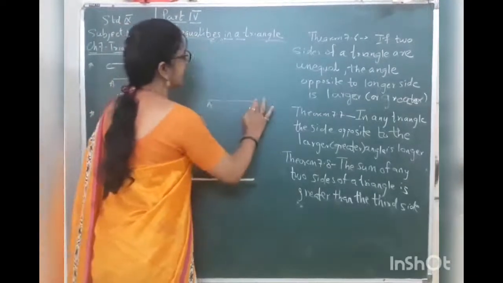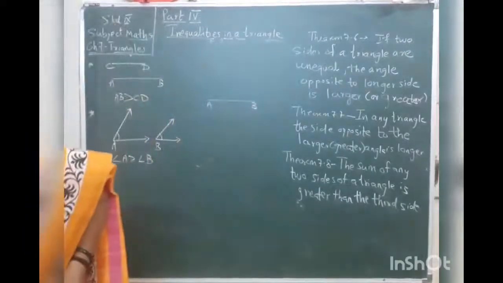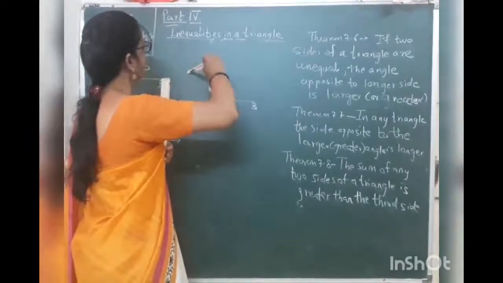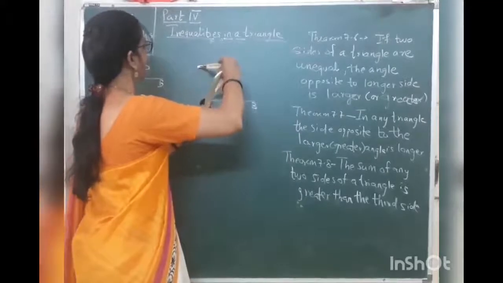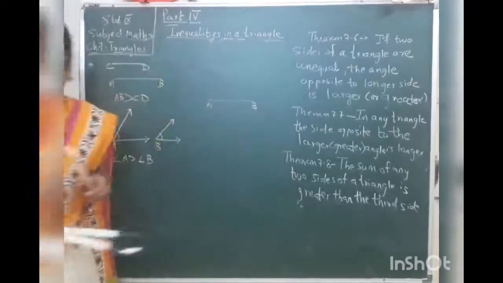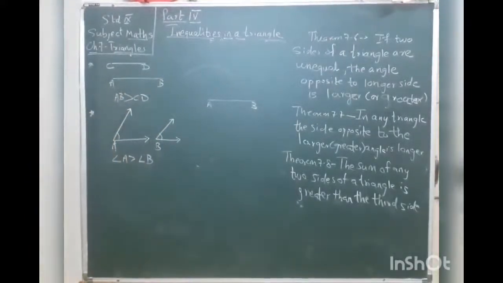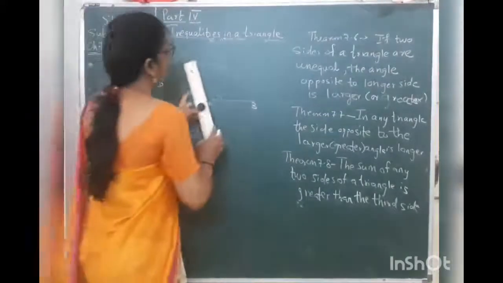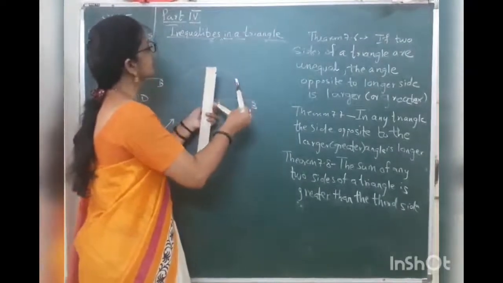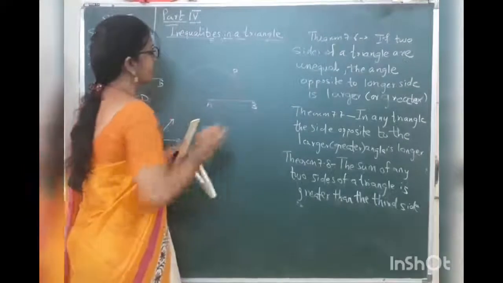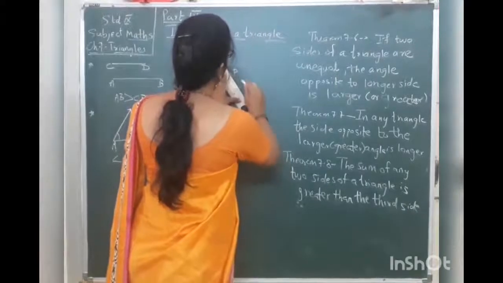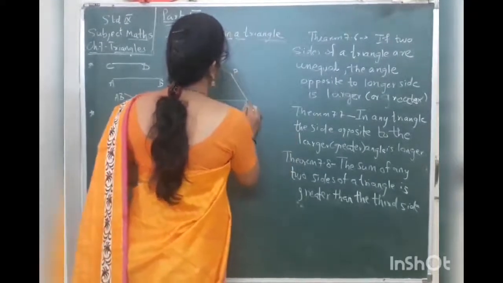Like this is the one side, then with any arbitrary radius we'll take point P here. We'll draw this arc.